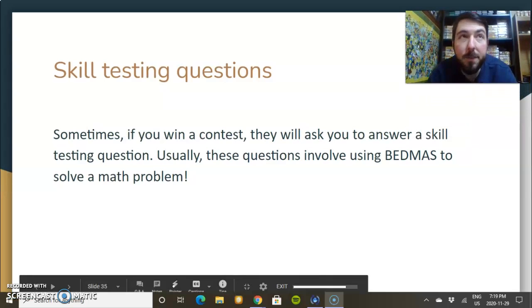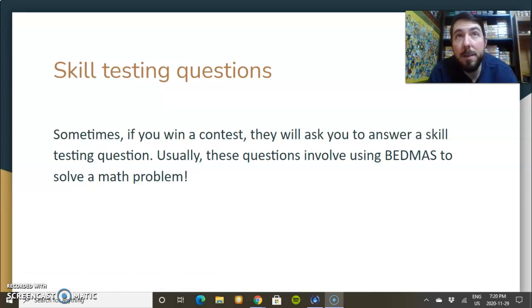If you enter a contest in Canada, you can't actually claim a prize without answering a skill testing question. And a lot of the time, the questions involve using BEDMAS to solve a math problem.